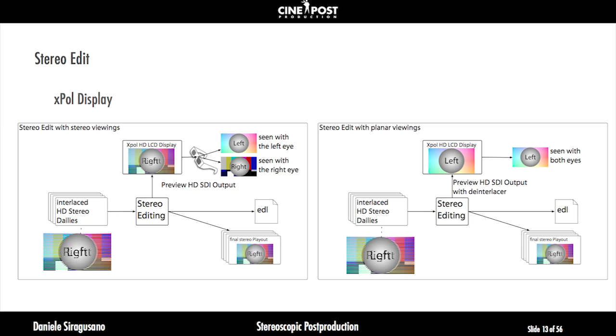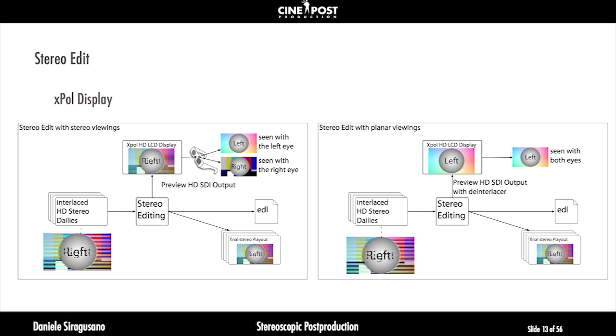What we did the first time is a pretty easy approach, which basically hasn't changed until today. We made interlaced dailies, and the editing system was just a standard HD editing system. So no plugins, no special stuff, because 3 years ago there was no stereoscopic editing system.